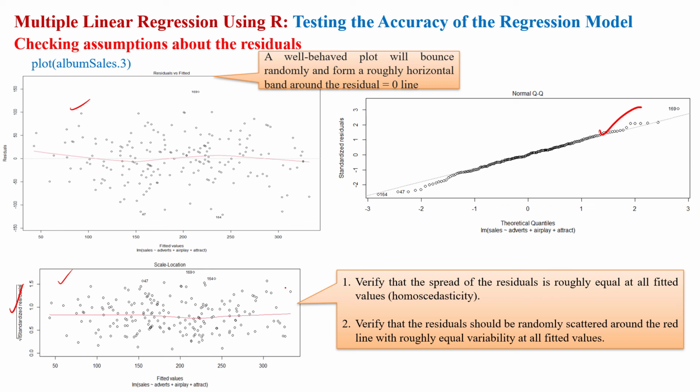So we can say there is homogeneity. If there is a particular trend, then we would say heterogeneity exists, or the variances are not constant. Right now the variation against every fitted value is almost the same, so we can say that only homogeneity exists.